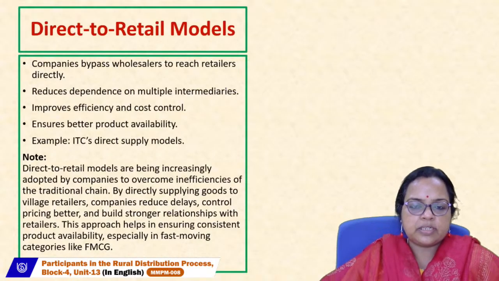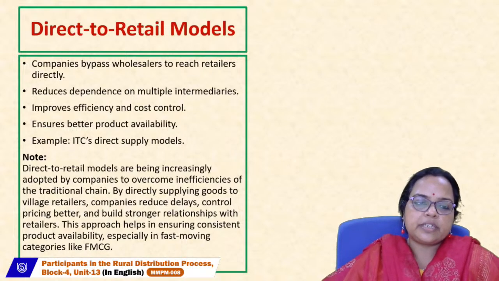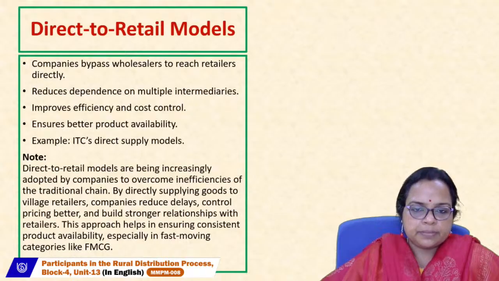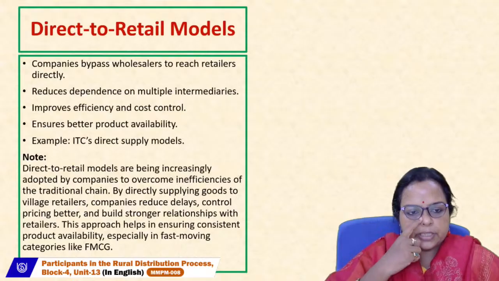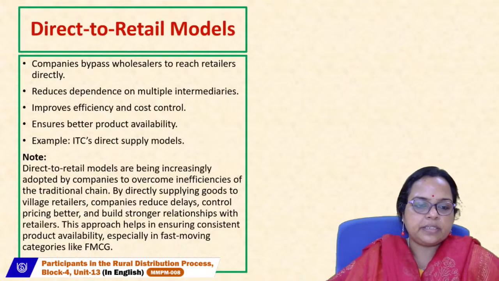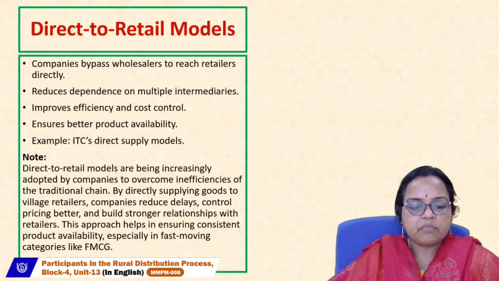Companies are nowadays bypassing wholesalers to reach retailers directly. This reduces dependence on multiple intermediaries, improves efficiency and cost control, and ensures better product availability, for example ITC's direct supply model.